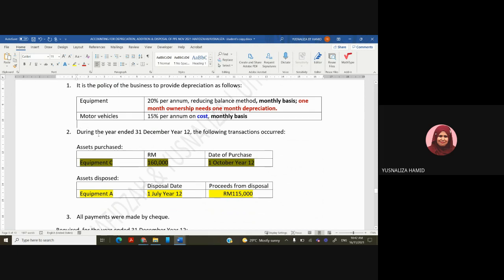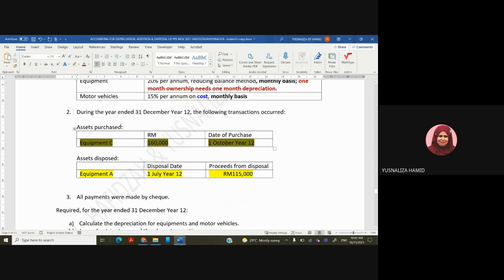Here are some purchases and disposals of assets. Take a close look now. This is the asset purchase, and there is another one, the asset that is being disposed. For purchase I use green, and for disposal I will use red.